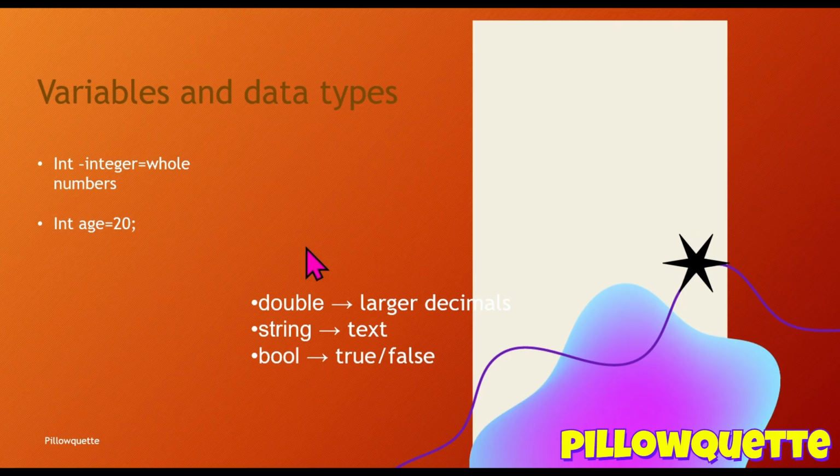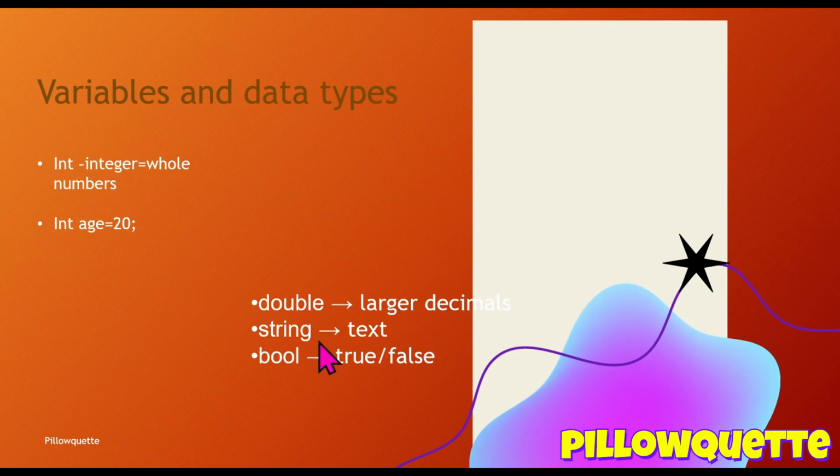You want to give it a name. You see age on there, so you automatically understand that's what you're supposed to do. It's always good to have descriptive names for your data types. So we have the integer, then the age, the name that we give it, and then the equal sign to give the value, which is 20, how old you are.